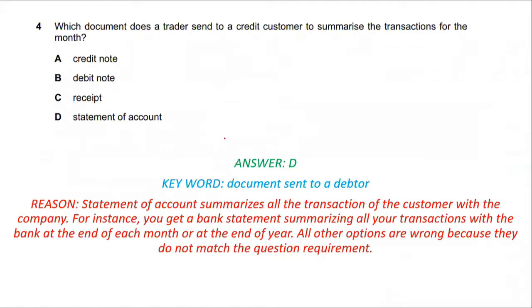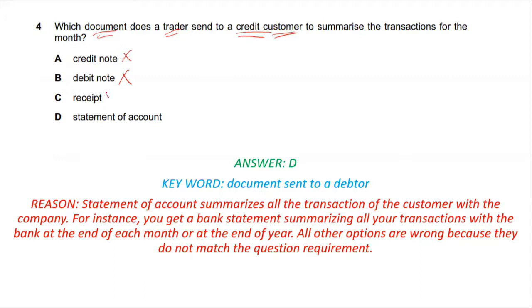Multiple choice number 4. Which document does a trader send to a credit customer to summarize the transactions for the month? A credit note? No, that's not true. A debit note? That is again not true, because these two notes are sent once you have bought the goods.